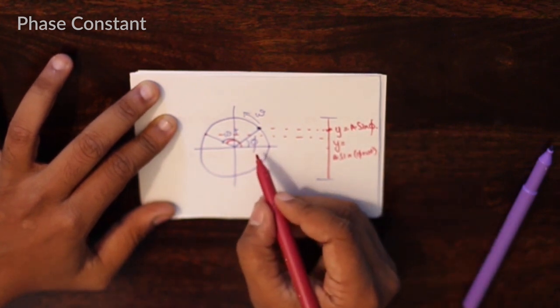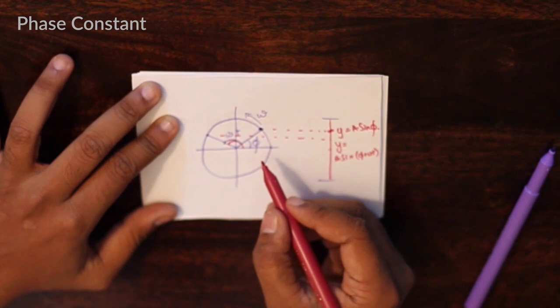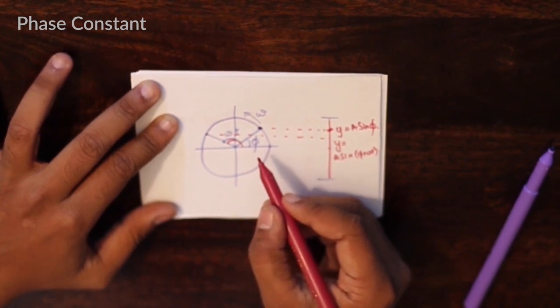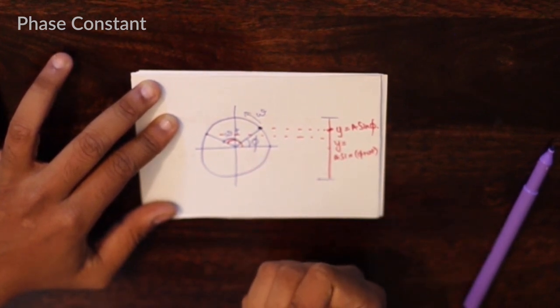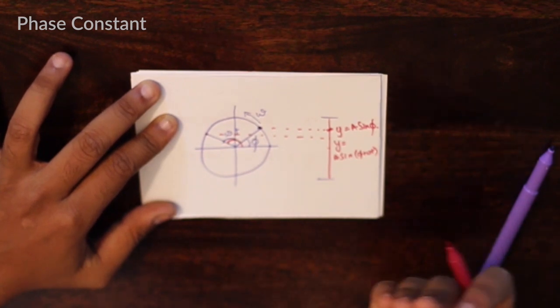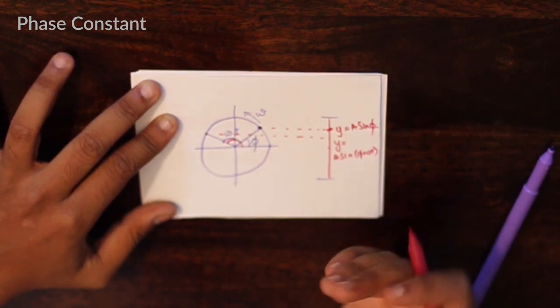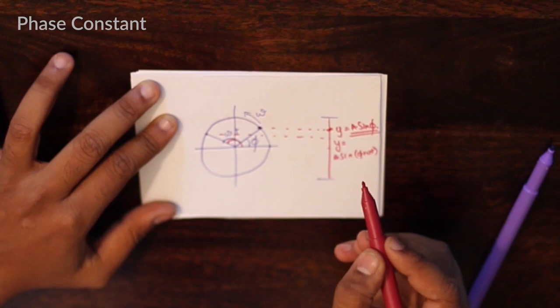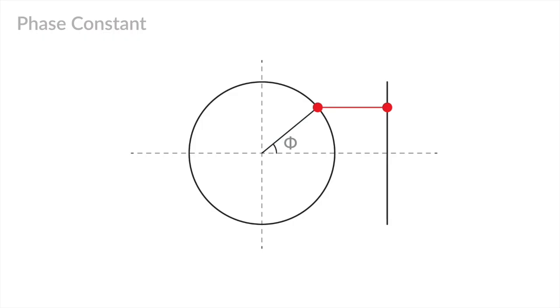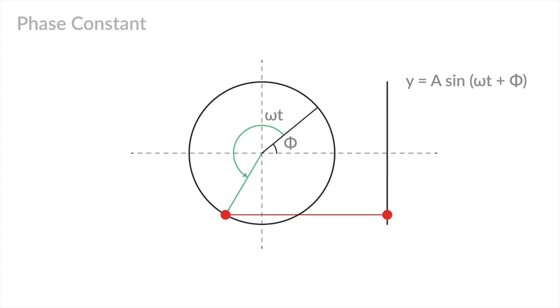So what the phi, the phase constant, indicates is we started our clock when a phase of phi has already been executed. The body is away from the mean at a distance of A sine phi. So that's what we see here. There is the phase of phi already. And now the circular motion begins, causing an SHM of y is equal to A sine omega t plus phi.